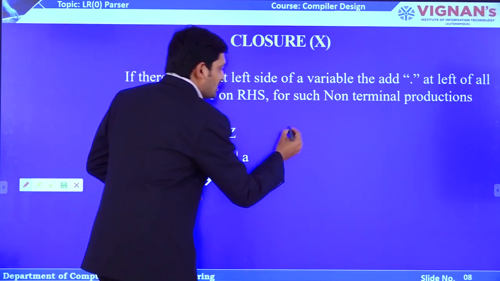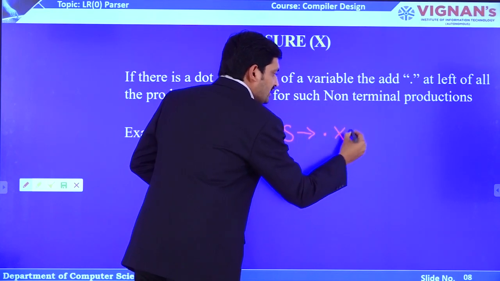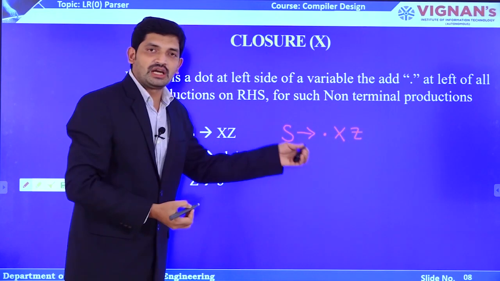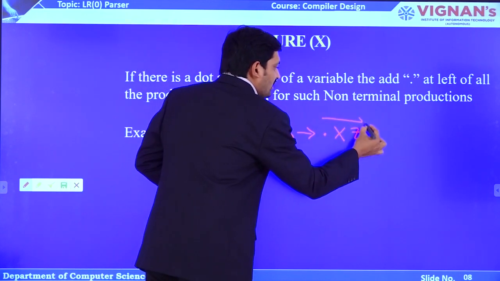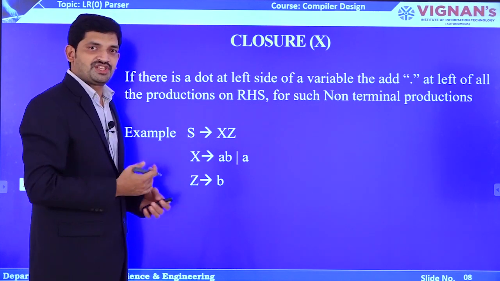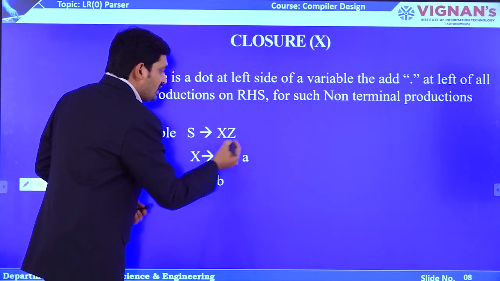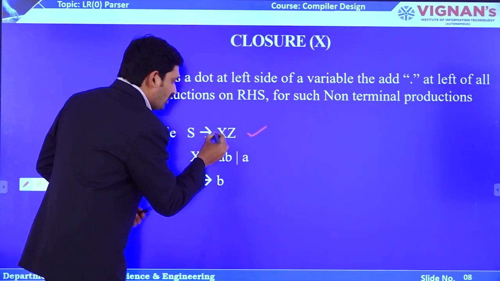Closure operation. In the previous session, we discussed the closure operation. If a grammar is given, we have to attach a dot on the right hand side of it, which is now called an item, and we move this dot from left to right, one symbol at a time. In the given example, S tends to XZ, I have to attach one dot here.